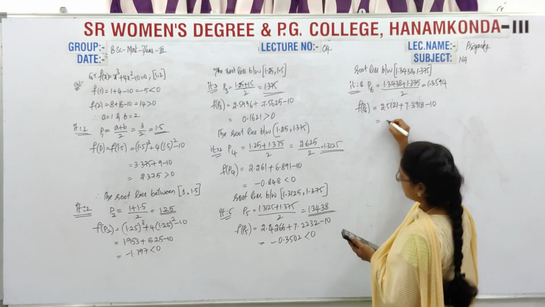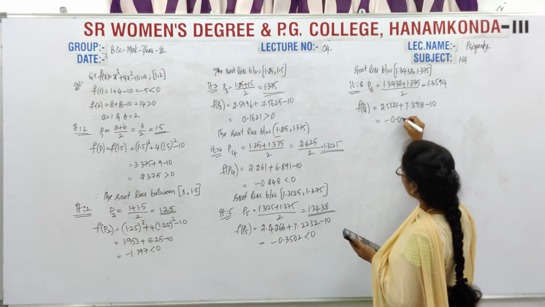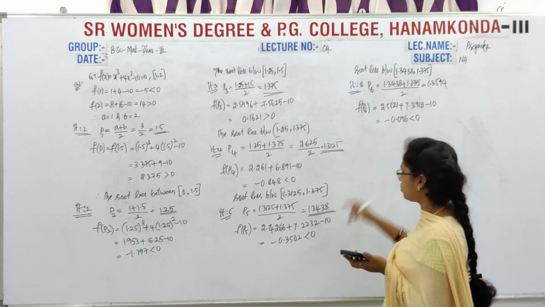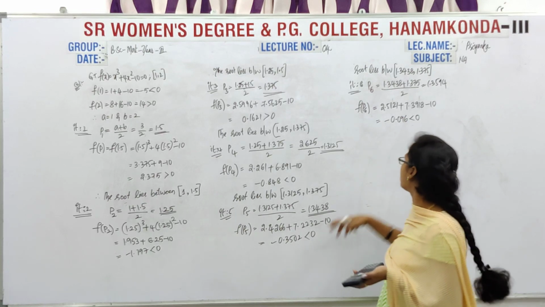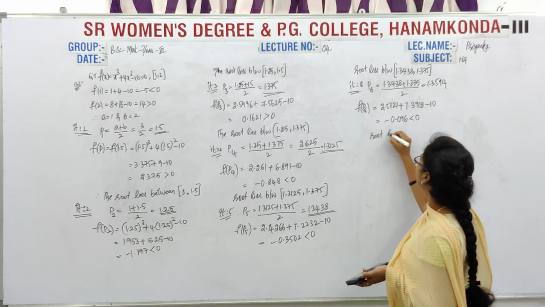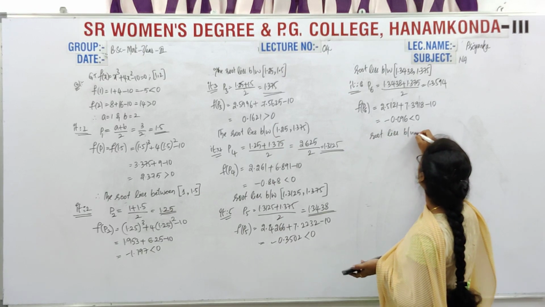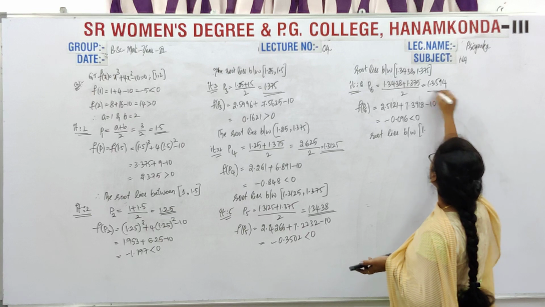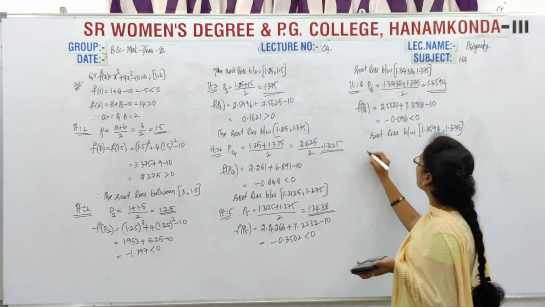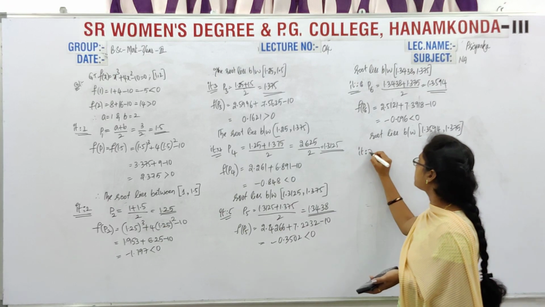So here it is the negative sign, minus 0.096, which is less than 0. So less than 0 means again this one is also negative. Therefore what we have to write now? Therefore the root lies between 1.3594 comma 1.375.